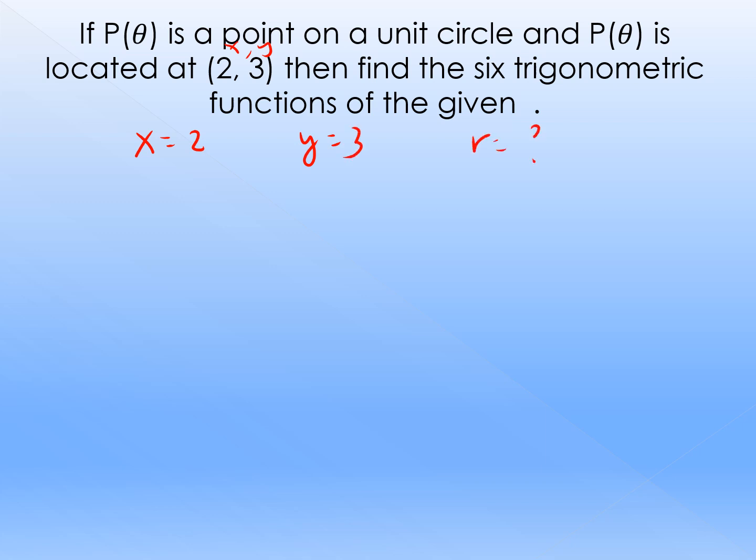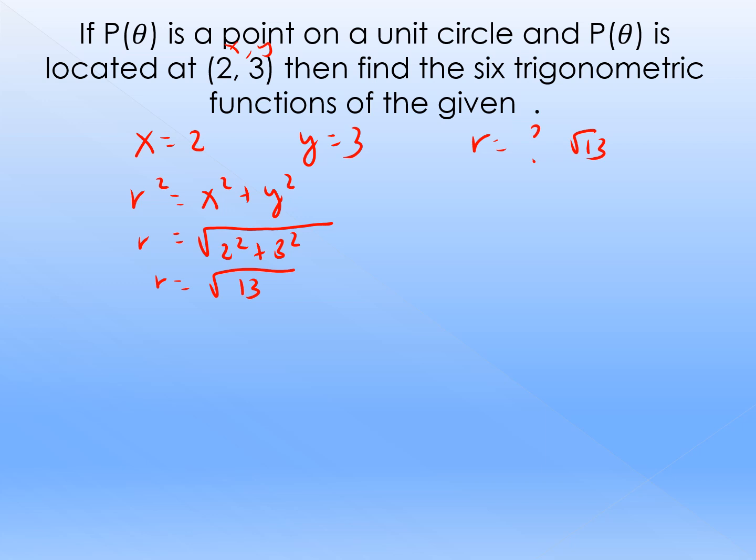To find the value of r, we use r squared is equal to x squared plus y squared. So r is equal to the square root of 2 squared plus 3 squared, which is the square root of 4 plus 9, which is 13. So therefore, r is equal to square root of 13.